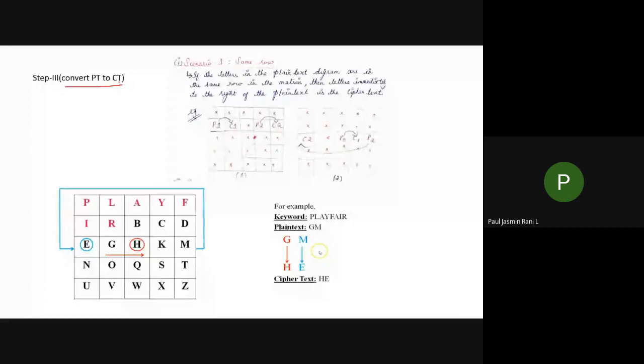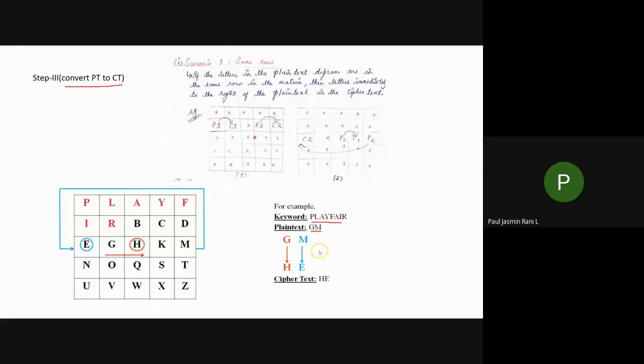In order to convert your plain text into ciphertext, we have three scenarios. Scenario 1 is the same row. Scenario 2 is the same column, and scenario 3 is neither row nor column. I will explain what same row or same column means. First, let us consider this example. For this Playfair keyword, I am going to find the ciphertext for GM.